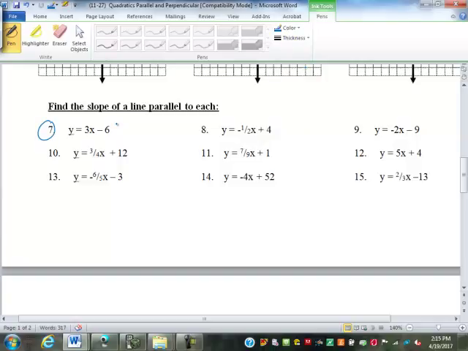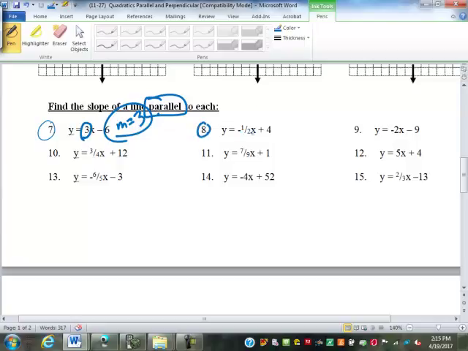What would the slope of that line be? 3. Very good. Whatever number multiplies x is the slope. Well, parallel lines have the same slope. So the slope of a line parallel is just going to be 3.